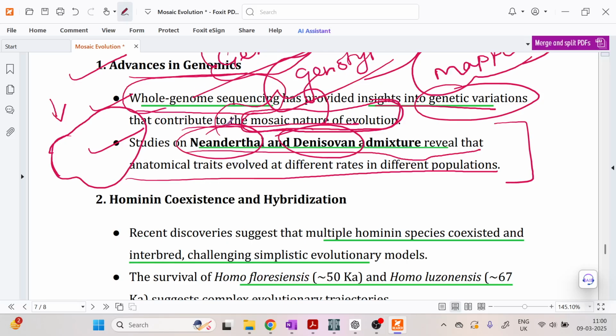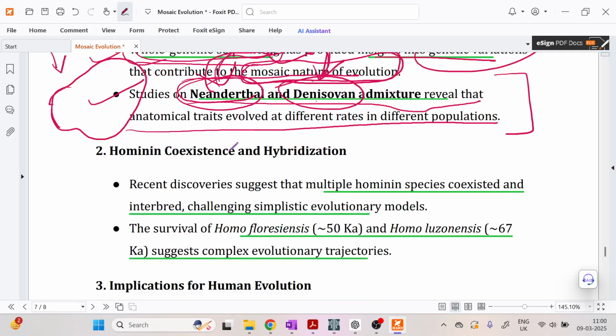In other words, it was believed that both Neanderthals, Denisovans, they met with the populations of modern Homo sapiens, and their genes still survive in some of the population, और वो इस whole genome sequence से ही पता चला है.